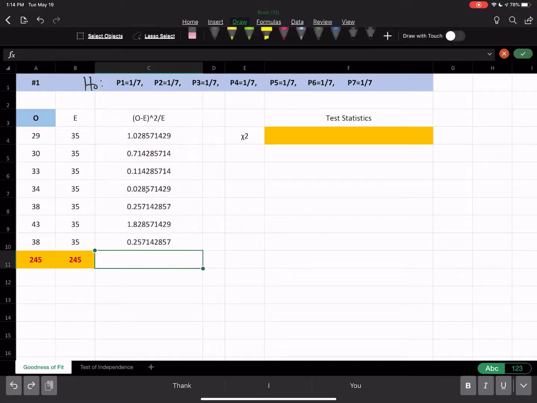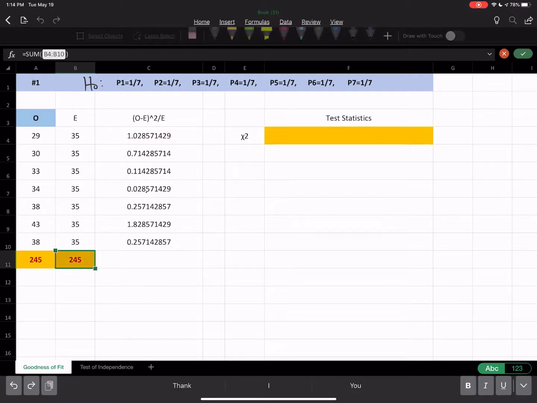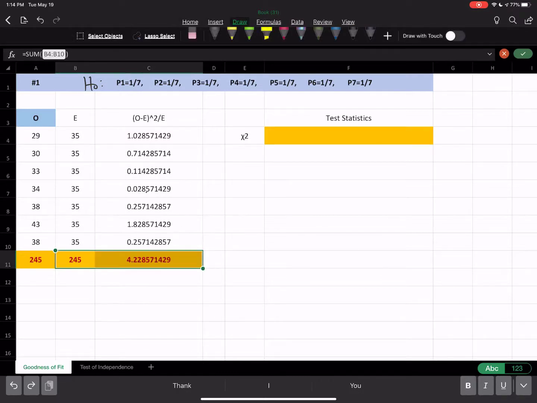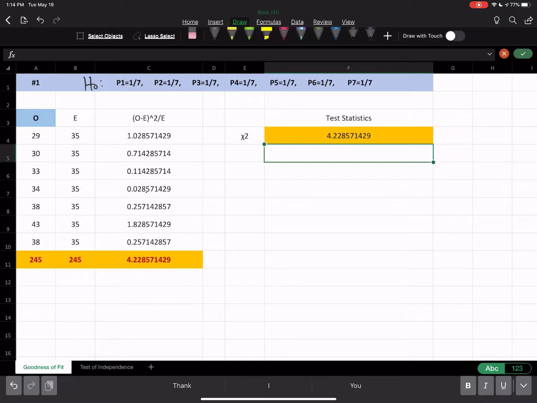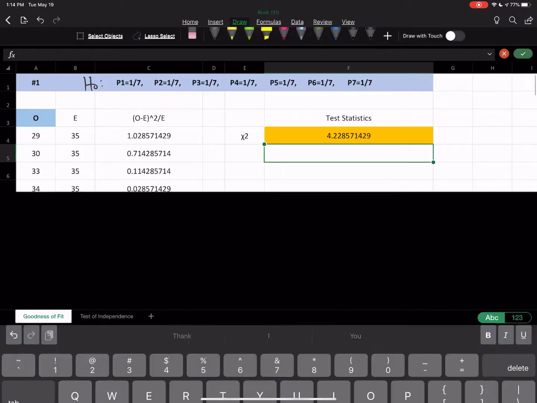And if I add them together, that'll be my test statistic, 4.23. Now the number of decimal places doesn't matter; you'll be instructed on that. So your test statistic is that number there, 4.23. So let's go back to our written work.